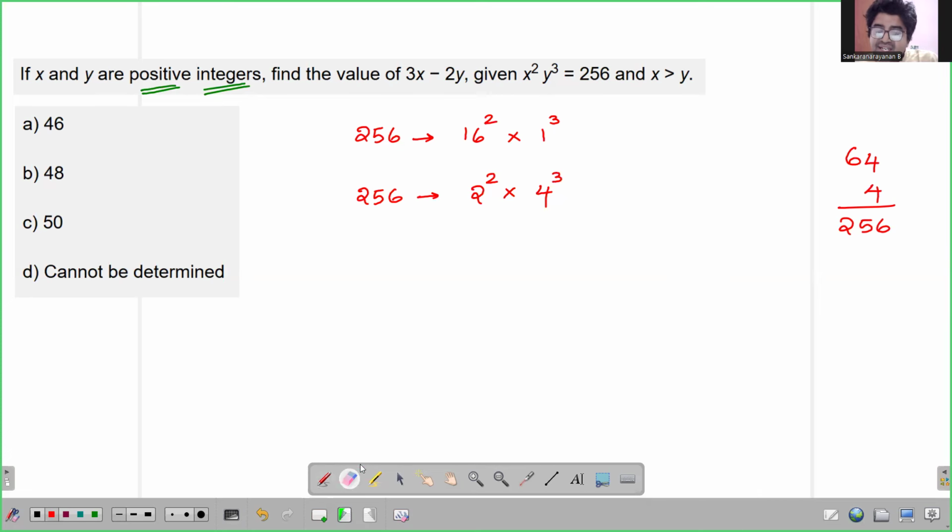Basically, what I am trying to do here is, I very well know that 256 in terms of powers of 2 is 2 to the power of 8. So I am trying to split it in terms of powers of 2. Got my point?